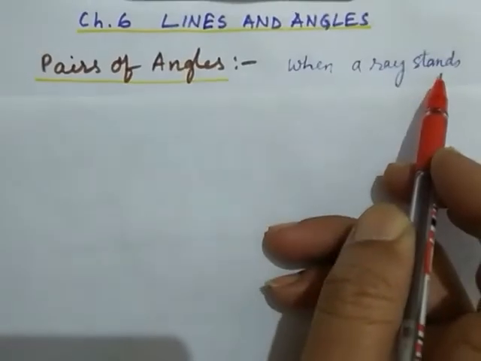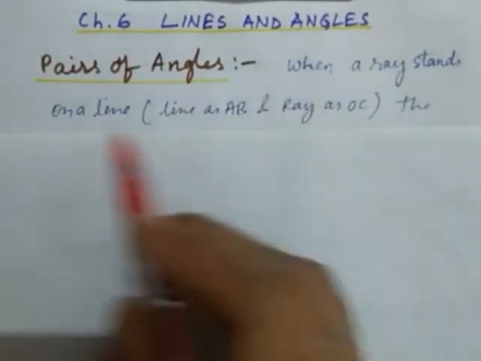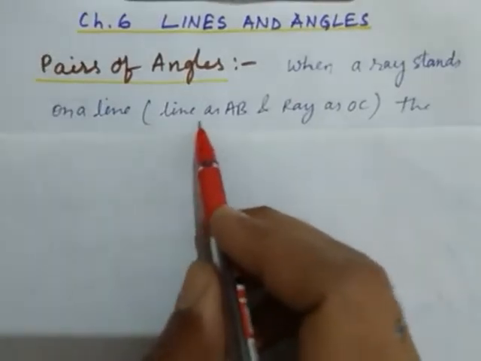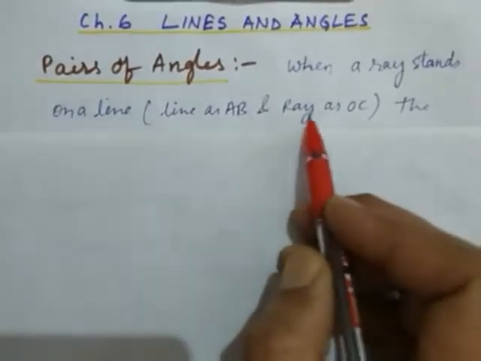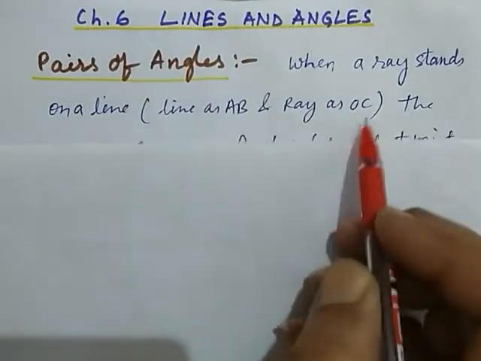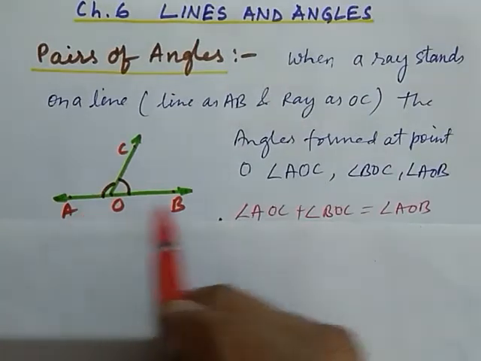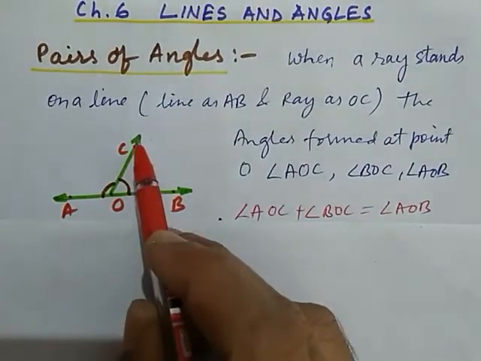When a ray stands on a line, say line AB and ray OC. Here is the line AB and ray OC.